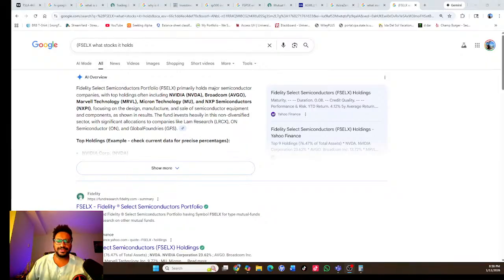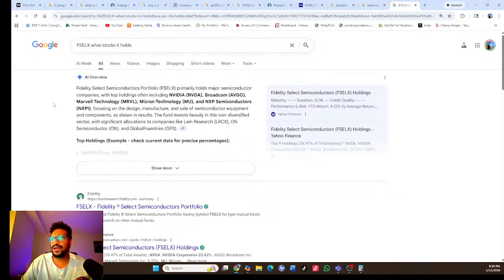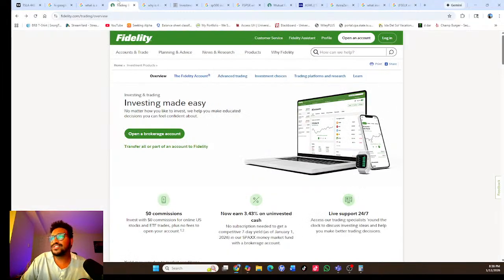All right. But anyways, so these mutual funds, that's what they do. They get companies in, they pick a bunch of different stocks, put them together, and then make it available for you so you can invest. And they're professionally managed.